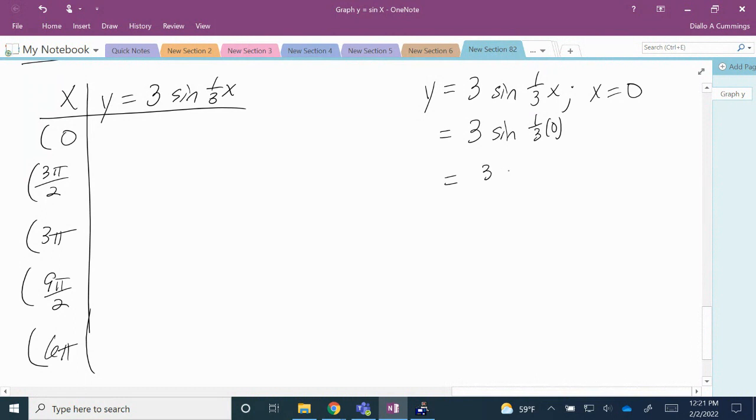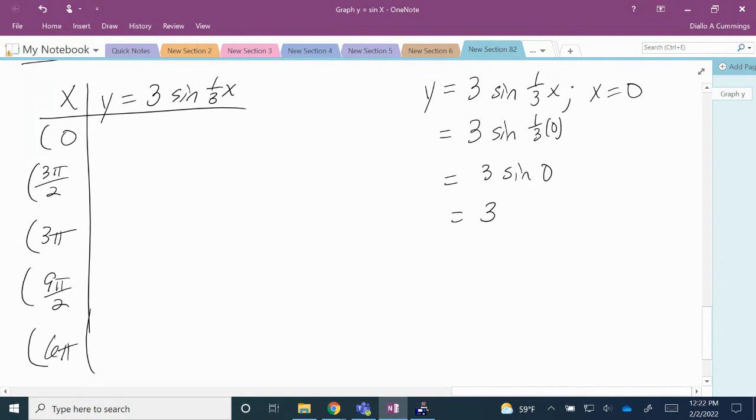So 1/3 times 0 is 0. Now when you evaluate the trig functions, the first thing I did was simplify 1/3 times 0 to get 0. Now I'm going to evaluate the sine of 0.